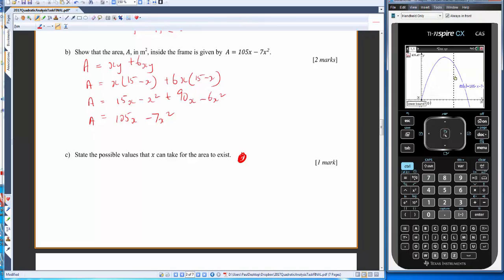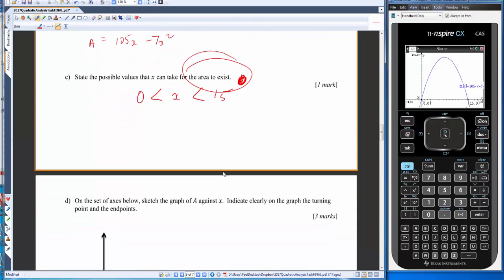Analyze graph for zeros, and let's do the second zero at (15, 0). So x can be between 0 less than x less than 15. It's really important that it goes to 15, but it doesn't include either 15 or 0, because they will produce 0 area, and what we're after is the area to exist.